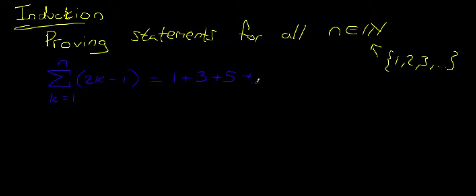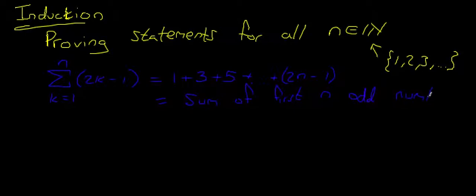And we can carry on. And the last term is going to be when k is n, so this is 2n minus 1. That's the last term. Okay, so this is equal to the sum, maybe you can recognize, of the first n odd numbers. By a number, I mean a natural number, of course.